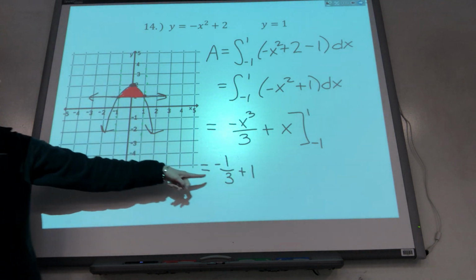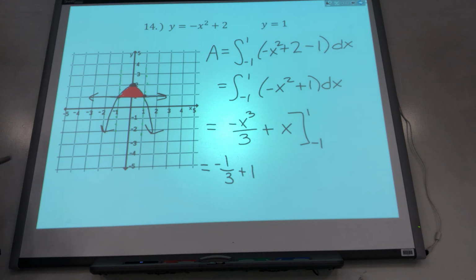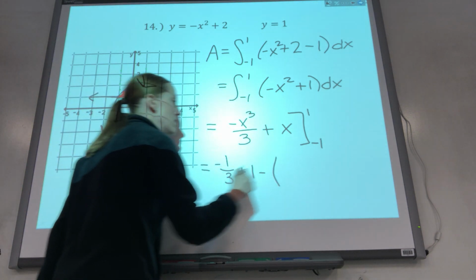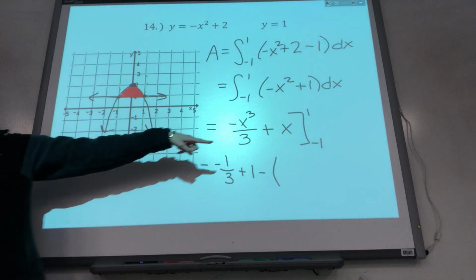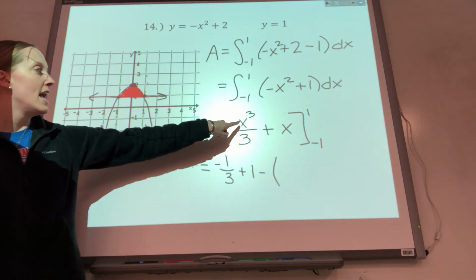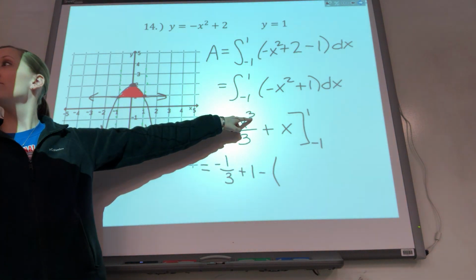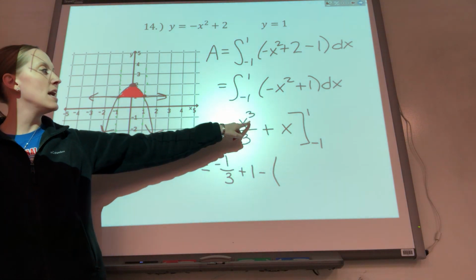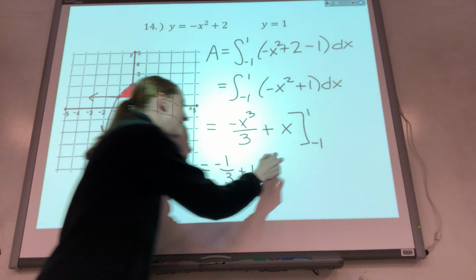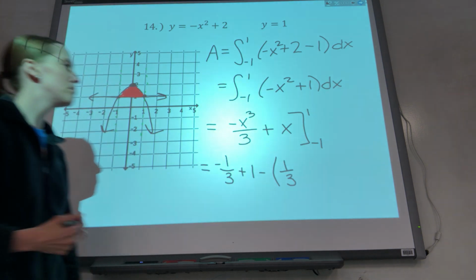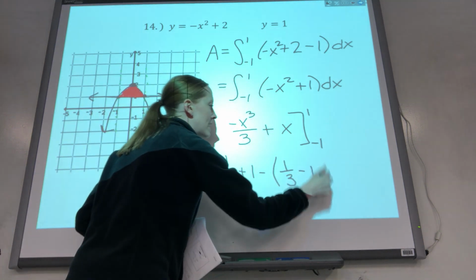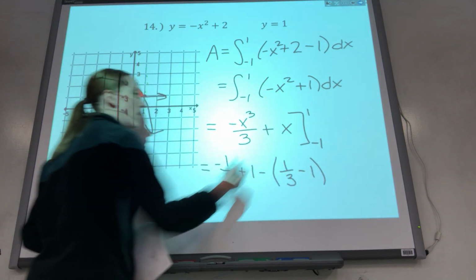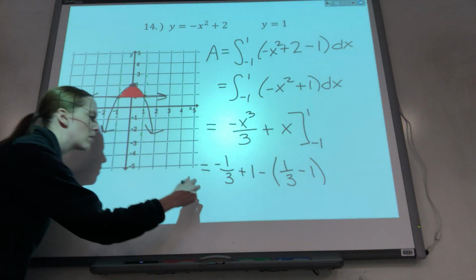So plugging in the 1, I get -1/3 plus 1 minus, now I have to plug in the -1. Be careful, -1 to the 3rd power is -1, but then the other negative is going to turn it positive. So that's just a 1/3, and then -1. Plug in a -1 to that second part.